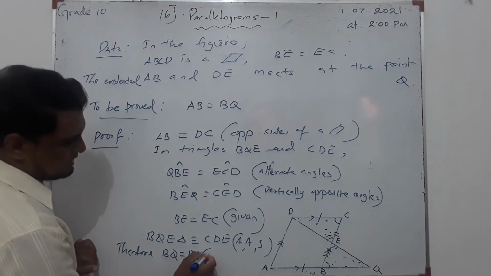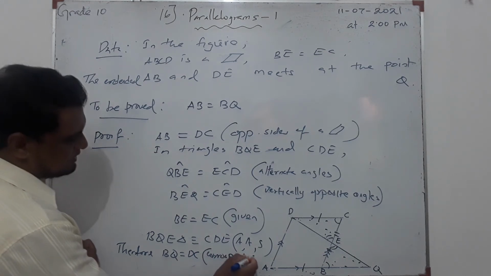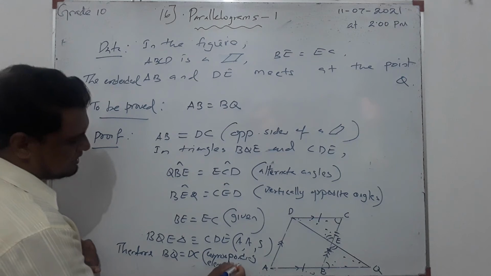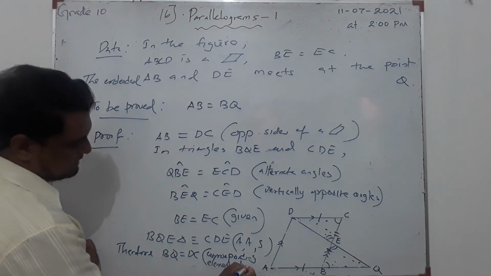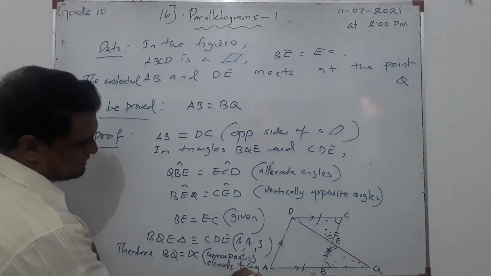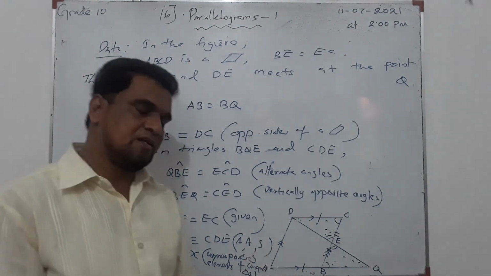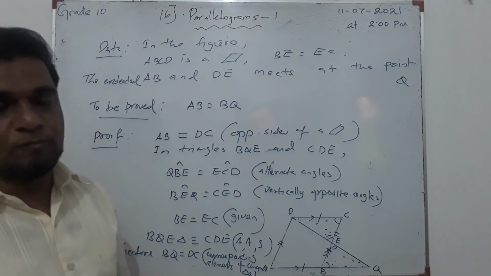The reason is corresponding elements of congruent triangles. This is the real reason, as you know.